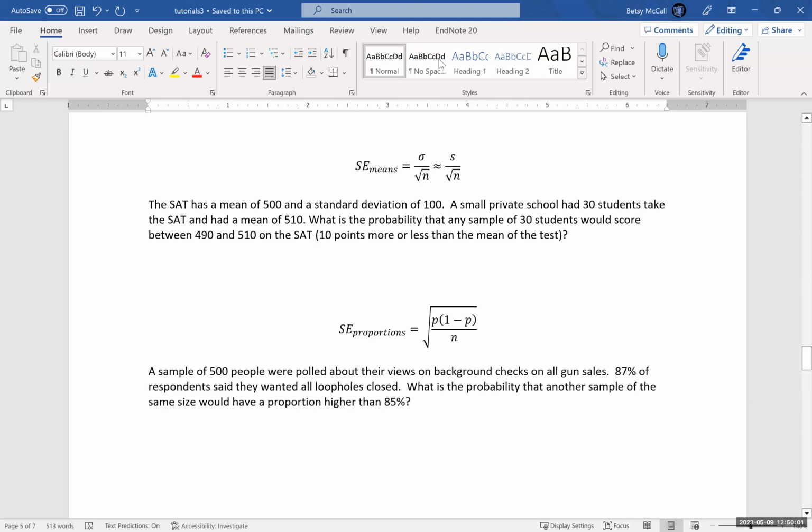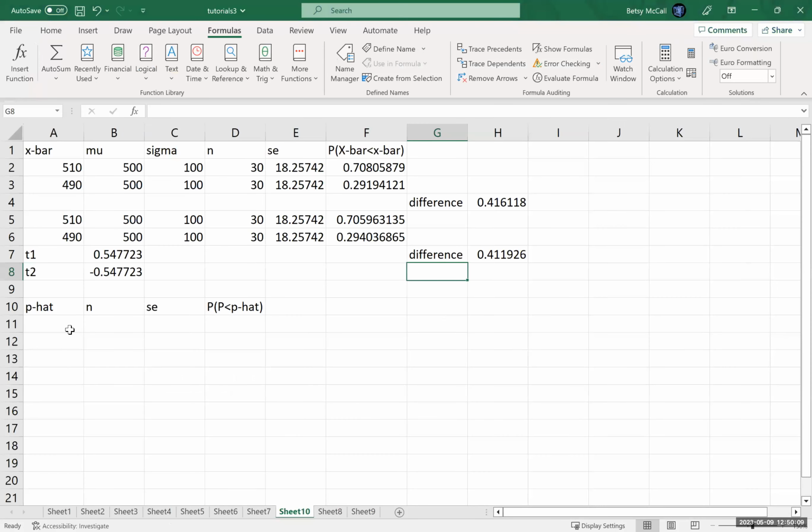All right, so let's go back to our calculation. So our center for our distribution is going to be the 87%, because that's what we got from our sample. And we want to know the probability of being greater than 85%.